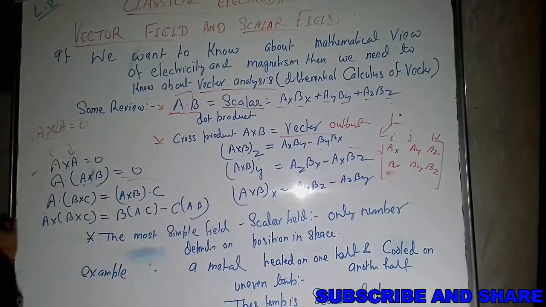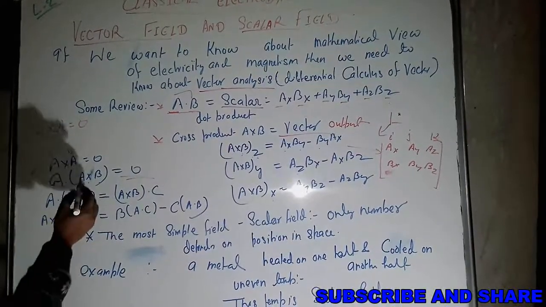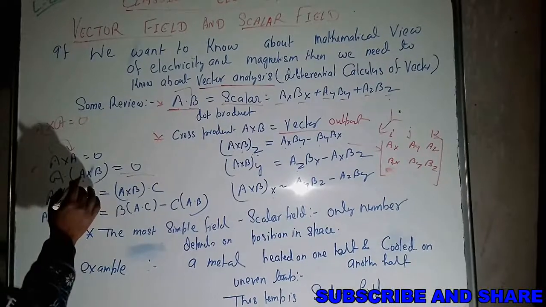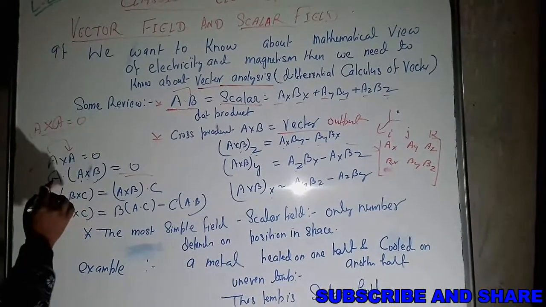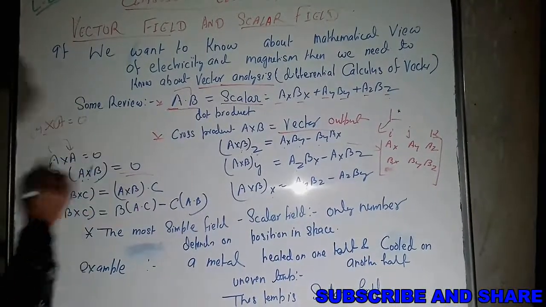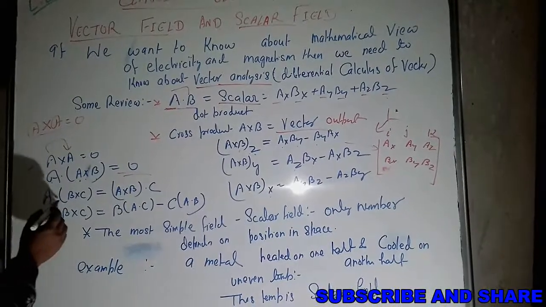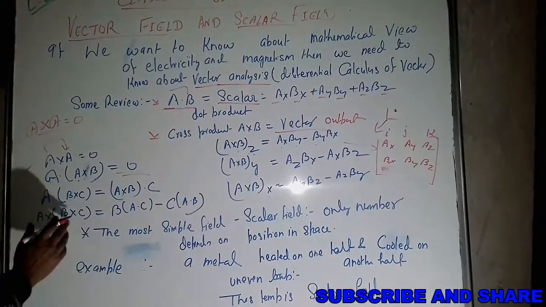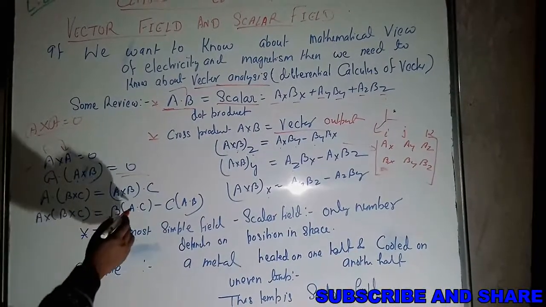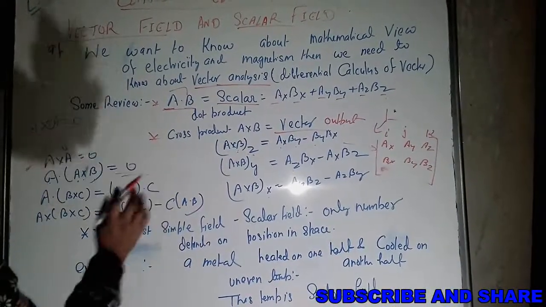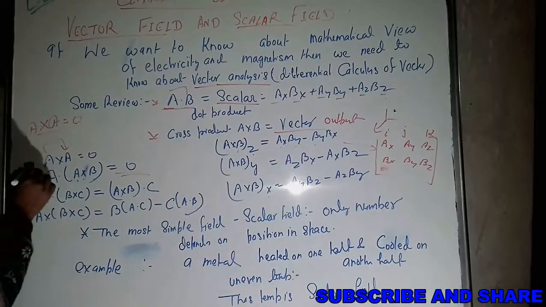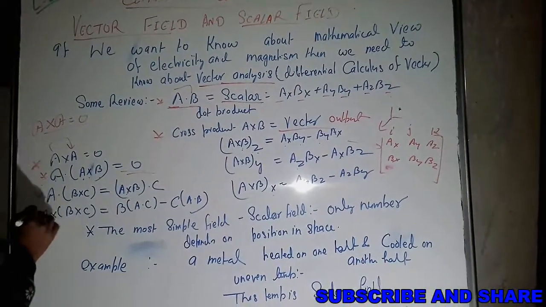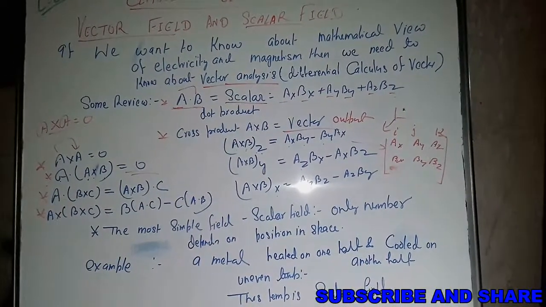A and B are two vectors, and if we take the dot product of A with A cross B, it gives 0. Again, A dot B cross C equals A cross B dot C, and A cross B cross C equals B (A dot C) minus C (A dot B). These are some important concepts in vector analysis.